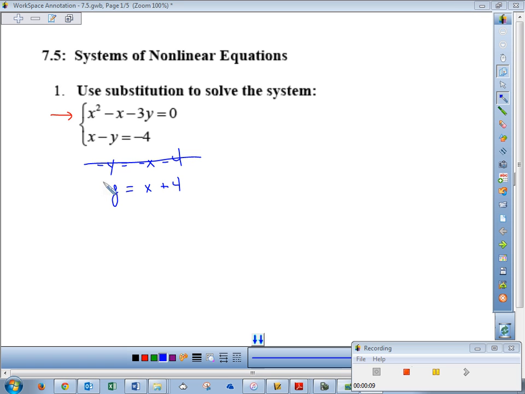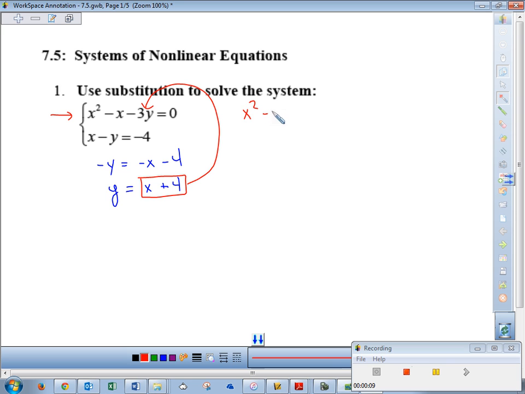That means we can take this, x plus 4, and substitute it in for y into the top equation, because that's what y equals. So I would have x squared minus x minus 3, and where there's a y, you should put parentheses around it, because x plus 4 should go in for y in parentheses, and that's equal to 0.